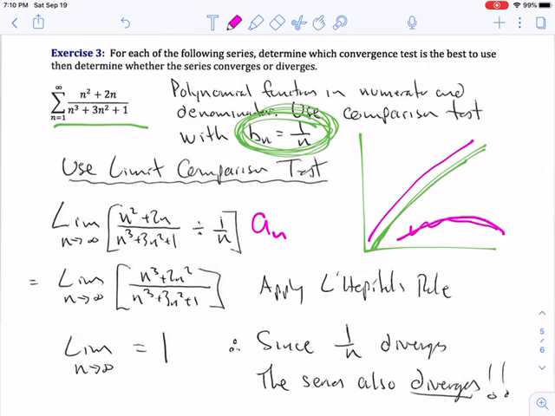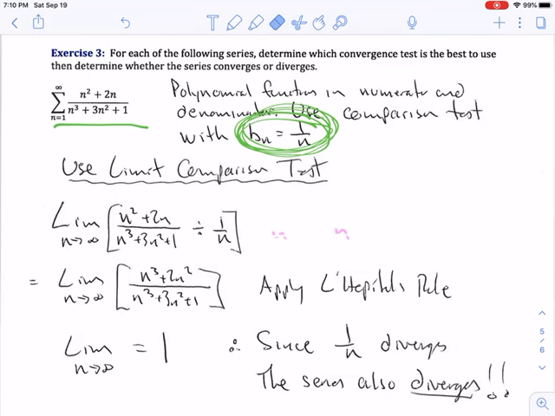So a sub n has to be greater than b sub n because b sub n is diverging. Again, this is the direct comparison test. When you check to see if this is true, it's not. So you can't use the direct comparison test, but you can use the limit comparison test.